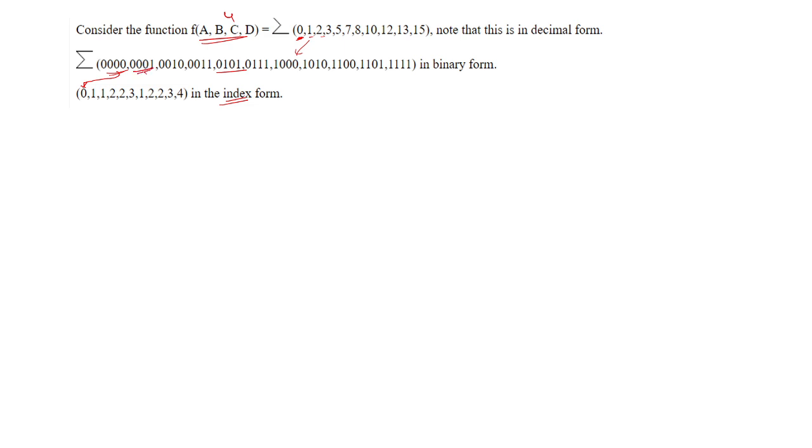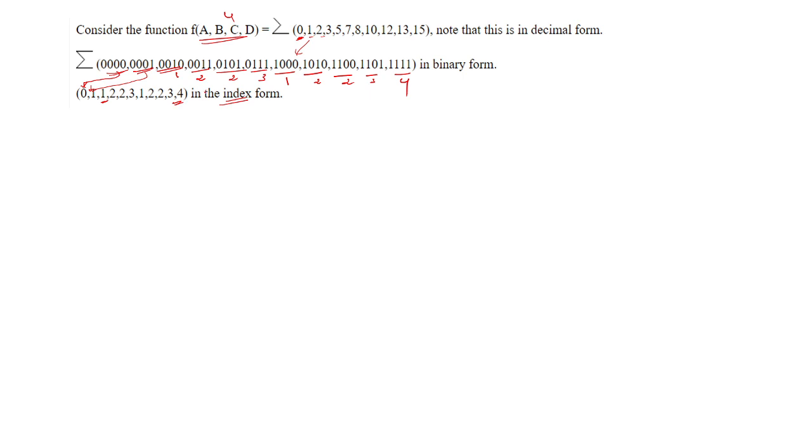Here one is present, so it is index 1. Here also one is present, so it is index 1. Here two ones are present, so index 2, and this is 3, this is 1, this is 2, this is 2, this is 3, and this is 4. So based on that, we have an index.